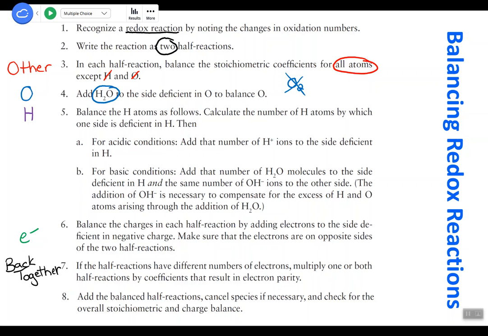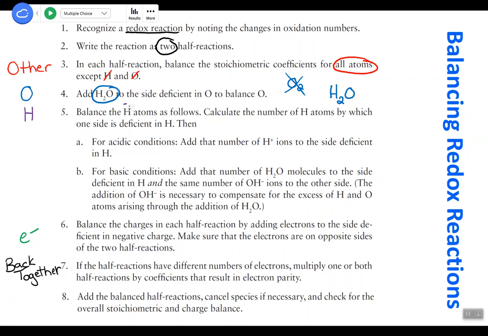If we want to add oxygen, we have to add it in the form of H2O. The reactions that we're going to balance, most of them, happen in aqueous solution. So there's always lots of water around. Or if we're doing a reaction that doesn't happen in aqueous solution, well, then you don't need to worry about adding water. So we balance the O by adding H2O.